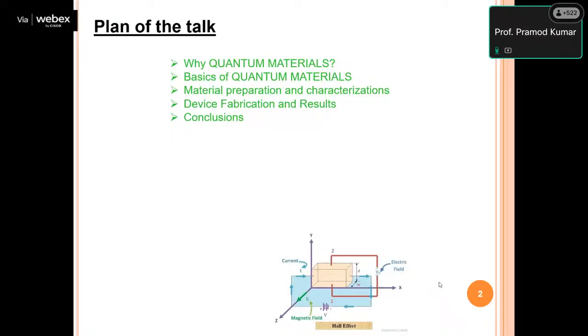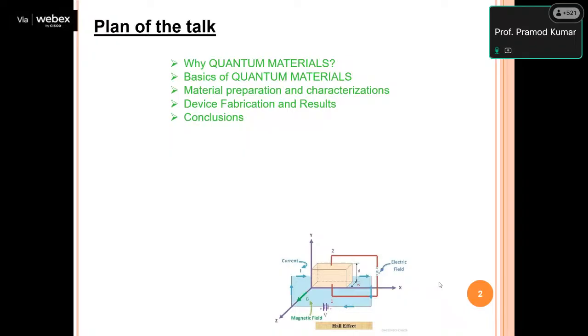I will discuss some history about quantum materials, and the basics, including the origin of the Hall effect and the quantum Hall effect and the physics behind it, in the presence and absence of a magnetic field. I will explain all of those, and if time permits, I will also show some of my experimental results.